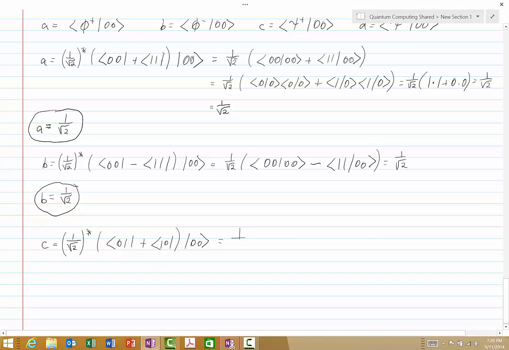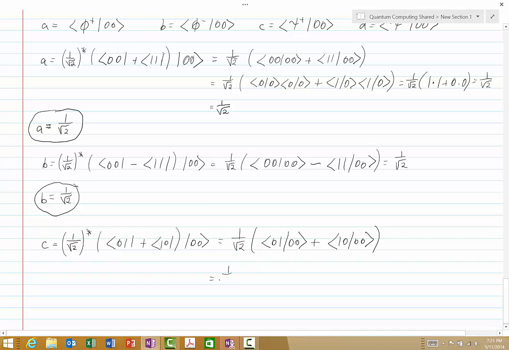And this is, as usual, 1 over square root of 2. And now in the parentheses, we will have 0, 1, 0, 0, plus 1, 0, 0, 0.